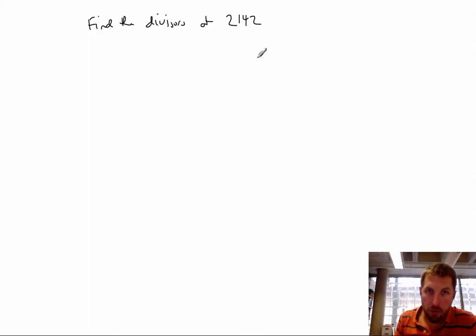We could do it like we did before, just by trying a bunch of numbers, keeping track of them as we go. But this time, since this is a math for computer science course, let's think about how we would have a computer do it. Computers are really good at doing something over and over again, and they do things very quickly. So one thing we might have the computer do, if we call this n, is try the numbers from 1 to n.